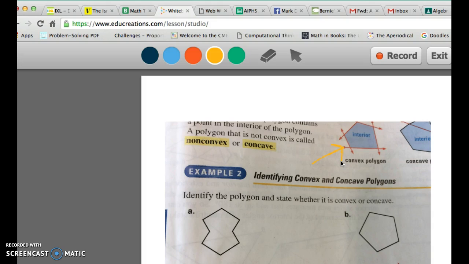On a concave polygon, if you extend the sides like this one, it goes into the interior. So that's one way of saying, oh, it's not convex, it's concave, because if you extend the sides, it goes into the interior. Another way of looking at it is you can say a concave polygon is one where you can make a diagonal that goes outside the shape, like these.